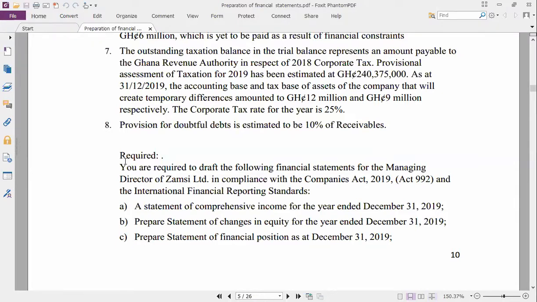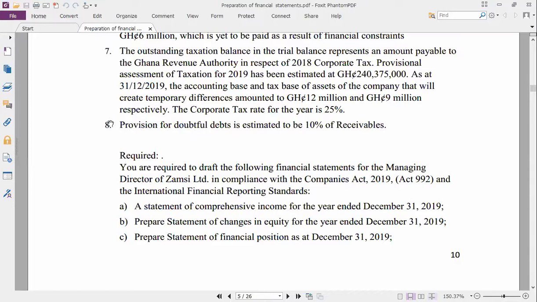So here we just have to find 10% of the receivable figure at the end of the year. This provision will strike against the receivable first.